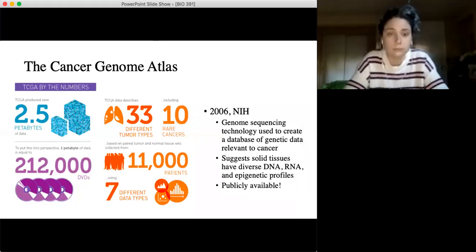It's 33 different cancer types from thousands of patients' worth of genome sequencing regarding potentially what caused their cancer genetically. This has helped support the field of computational biology by allowing researchers to perform these dry labs to find data correlations and connections between certain gene alterations and cancer types. And the best part is it is publicly available to all researchers who are looking at cancer and genetics.